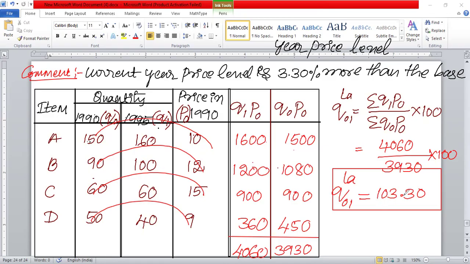Okay, this is the first question to identify the suitable index number. So we'll go for the next question.